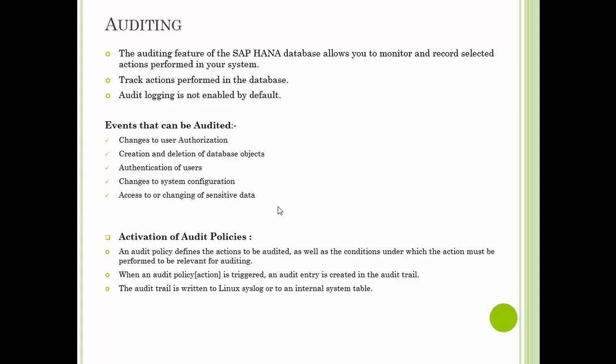So basically, when auditing policies are enabled, an audit entry is created in the audit trail. And this audit trail, as I said, is written to the Linux syslog or to another option called an internal table. There's an internal table which gets the recording of this audit trail. And when these audit policies are enabled, the actions in the database are logged thereafter.